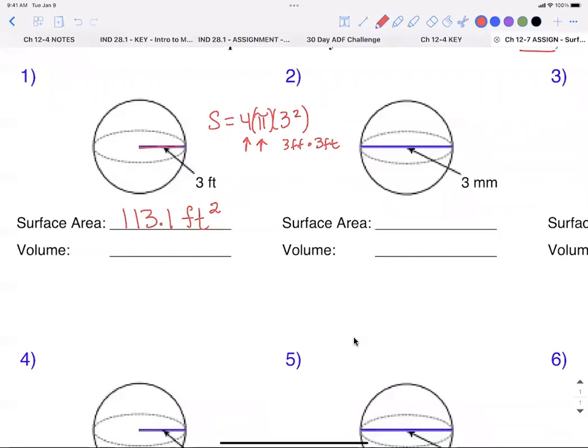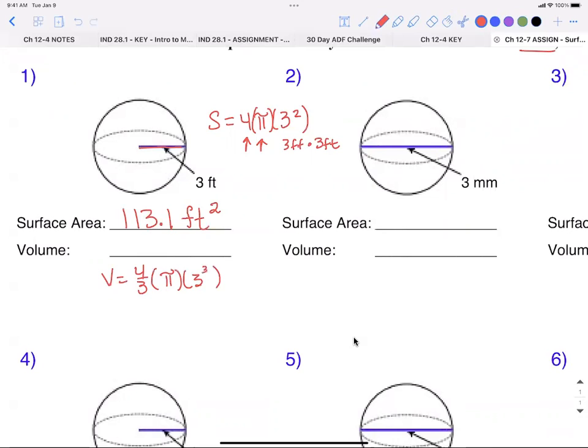Okay. All right. As a review, volume of a sphere, that was from yesterday. So that was 4/3 times pi times radius cubed. So we're going to take 3 cubed. Punch that in your calculator. Okay.